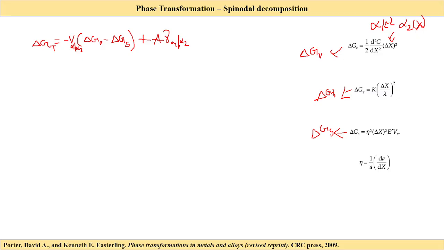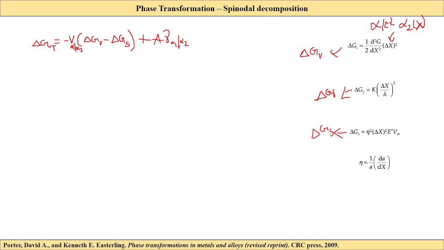So the higher the change in lattice parameter, the higher will be my strain energy. That's what is shown, and my eta value is nothing but how the lattice parameter changes with respect to the composition. So that's what eta means here: the change in lattice parameter with respect to the composition.